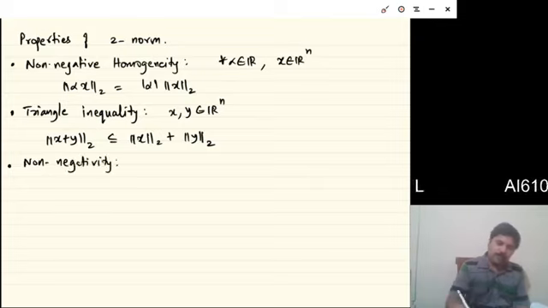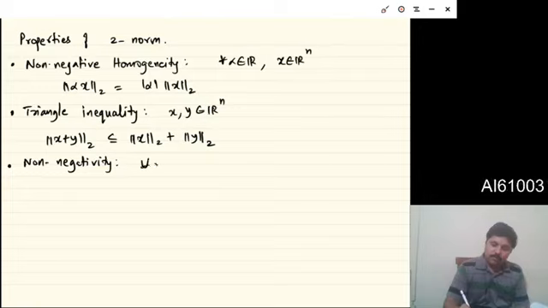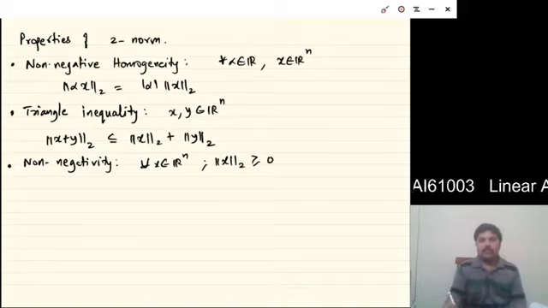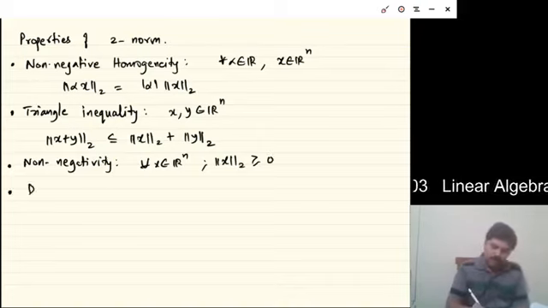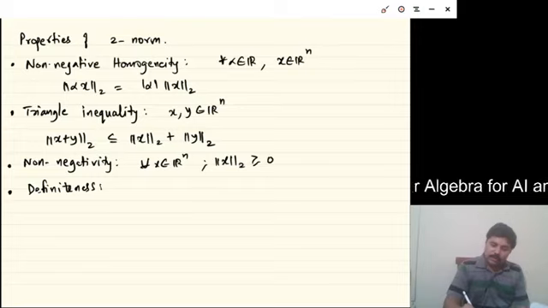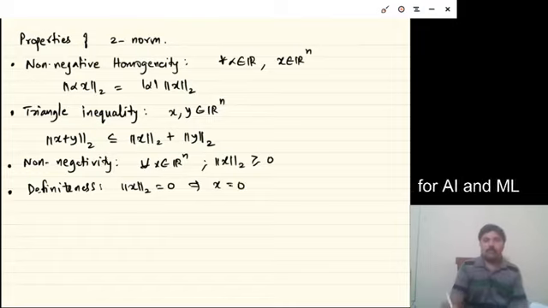Then the third property that you have is non-negativity. This tells us that for every x in Rn, the norm of x is always greater than or equal to 0. And what is the last property? The last property is definiteness. What is this definiteness saying? That norm of x equal to 0 implies x has to be equal to 0.